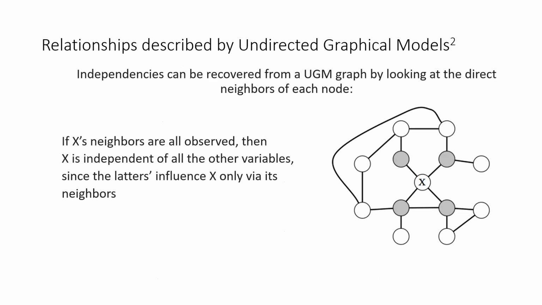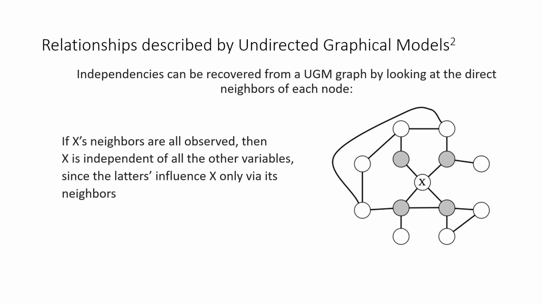Well, again, they're not dependencies. What we define is independencies. Having the undirected graphical model, we can recover the independencies among variables by looking at the direct neighbors of each node.